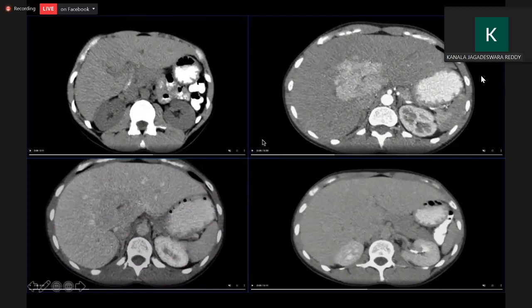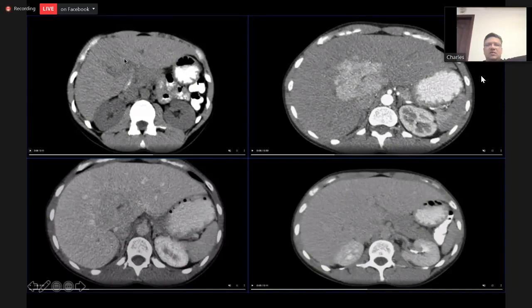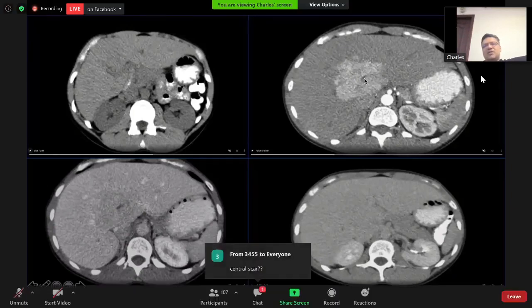Okay. So in the plain, non-enhanced CT, you're not seeing that lesion. It's almost isoechoic with the surrounding liver. And in the arterial phase, you can see that this is an ill-defined homogeneously arterial enhancing lesion with lobulated margins. I'm not sure whether you can make out the central scar here.